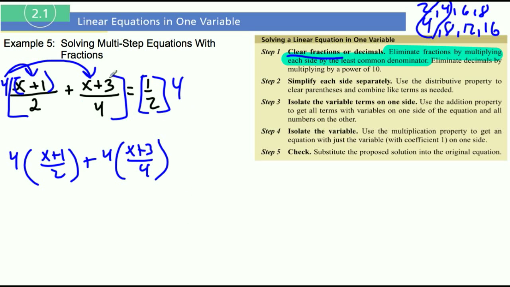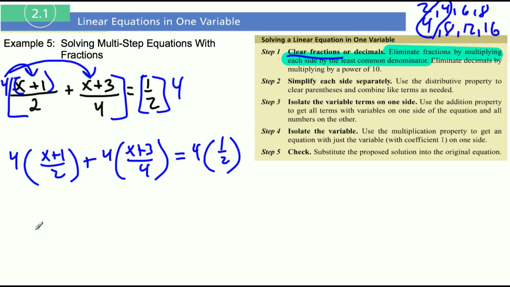Hopefully you're getting what I'm doing right now. I multiply 4 times this group, and then 4 times that group, equals 4 times a half. So basically, I took the original problem, I put everything in parentheses, and then I put a 4 next to all of them. Because that's what I'm doing right now. I'm multiplying every single thing by 4.